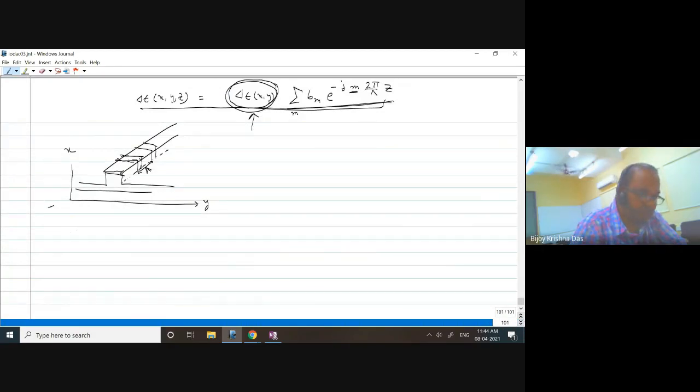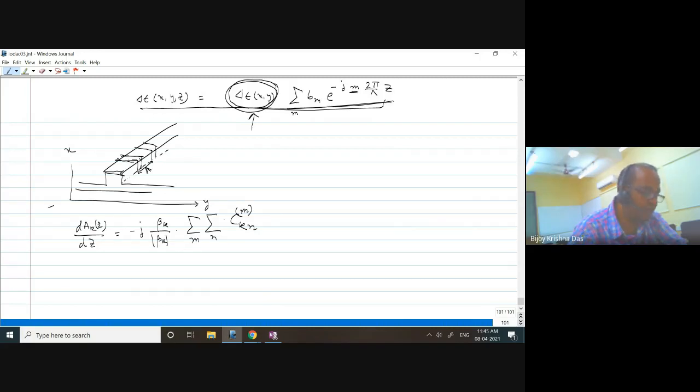I will get d a_k by dz equal to minus j beta_k over mod beta_k, and then the sum over n was there, and I have another sum coming from the perturbation. Because of the additional index m from this periodic perturbation, instead of c_kn I write c_kn^(m), sometimes written in parentheses.